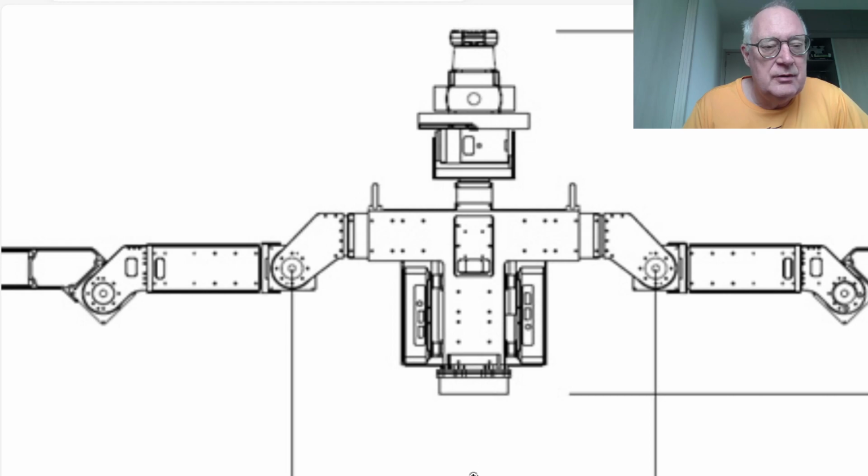This one is 424 millimeters, so half of that would be 212, and then this point here is about 2/3 of 212, so maybe 60 millimeters from the center to here.